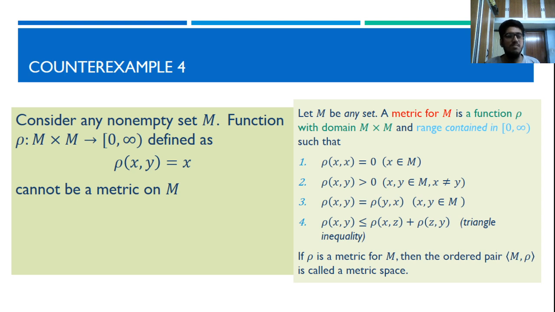And any other observations about M that you can make here? What if M is a singleton set? Yes, in this particular case, codomain decides M. What if M is a singleton set? What can you say about it? Would this work as a metric for any set M?